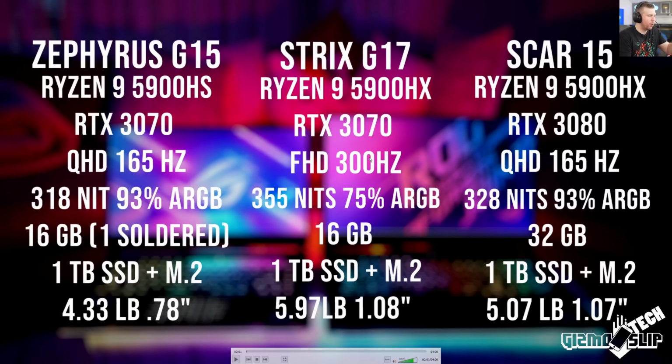It will matter a lot more if you're trying to go for this 300 Hz refresh rate versus the QHD 165 Hz, simply because the QHD 165 Hz is going to be fairly easy to hit with the Scar 15 and Zephyrus G15 in a lot of the esports titles, whereas the 300 Hz, you're going to end up getting CPU bound oftentimes before that 300 frames per second mark, probably closer to like 200 or 250 or something like that in a lot of these games.